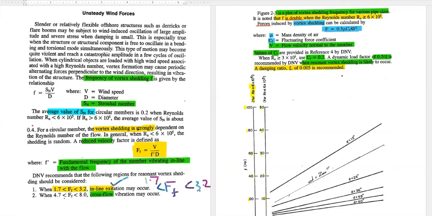If the reduced velocity factor is between 4.7 and 8, then cross flow vibration may occur.